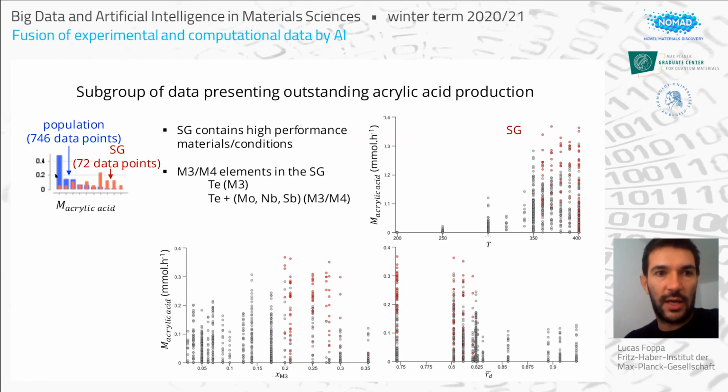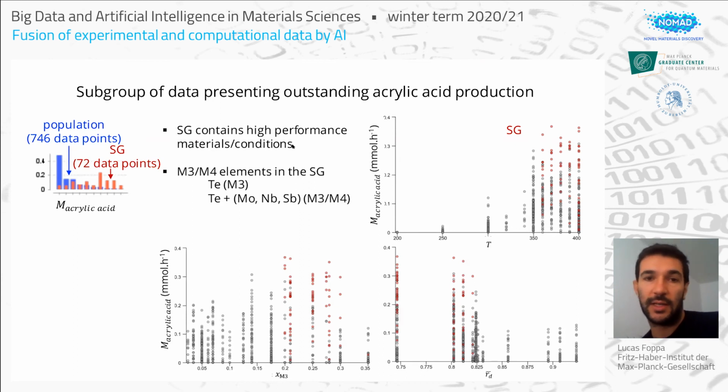We see that most of the materials in the population are very low performance, with a very low acrylic acid production rate, whereas this subgroup contains mostly materials in this range here. These are the materials that have a higher acrylic acid production rate, which is what we are interested in. So this subgroup does contain these high performance materials and conditions.